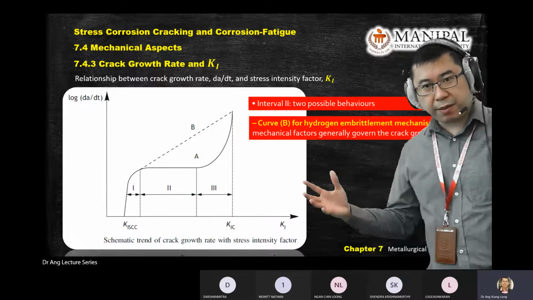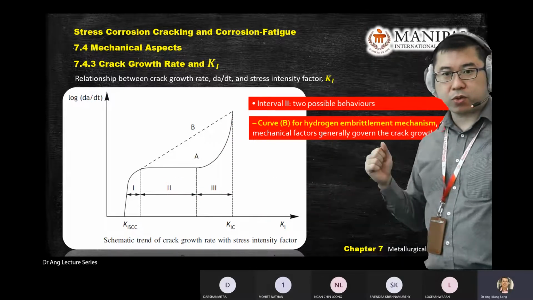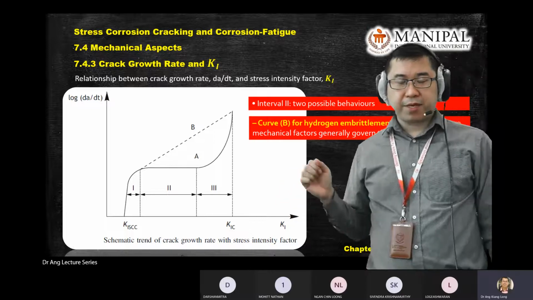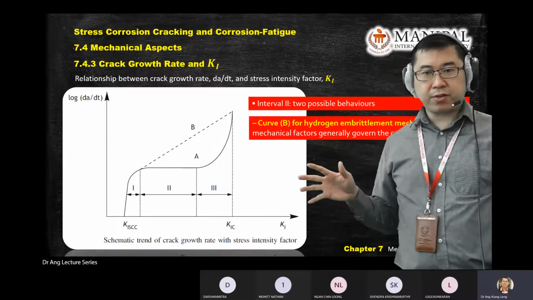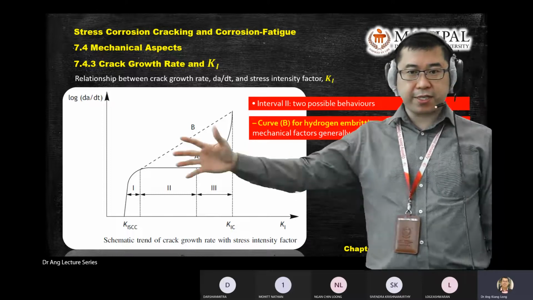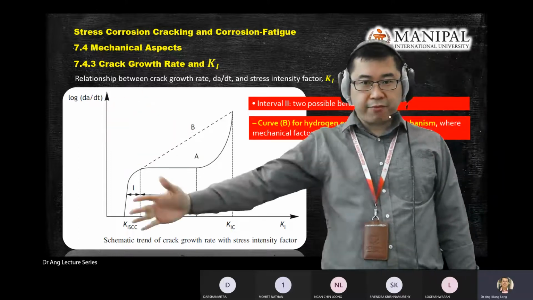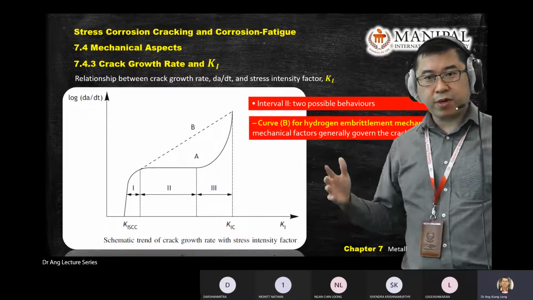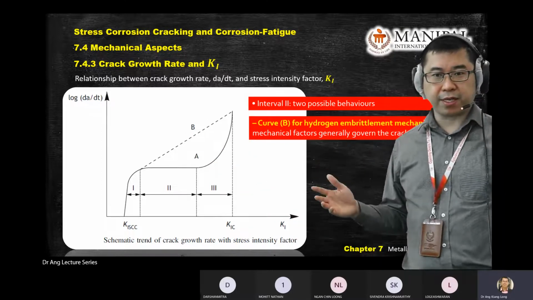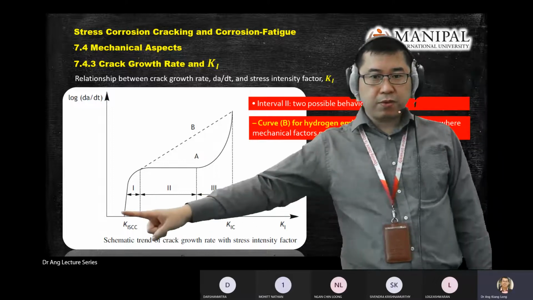So this chapter or this section also helps you to read graphs when you go into the field, and the material scientists give you this data, log dA versus Ki. You know how to read it, and you know how to communicate with the material scientist. Okay, so you read from this graph.